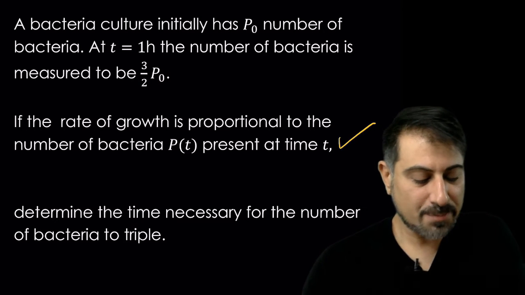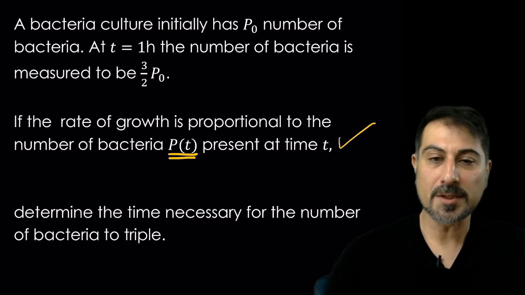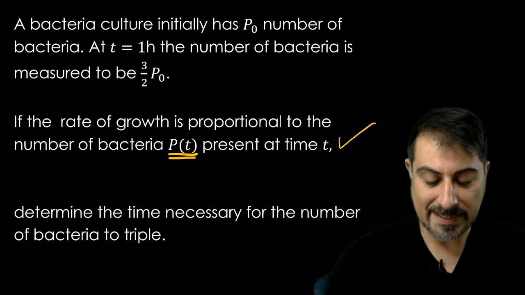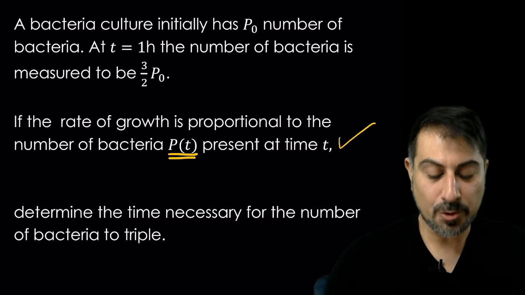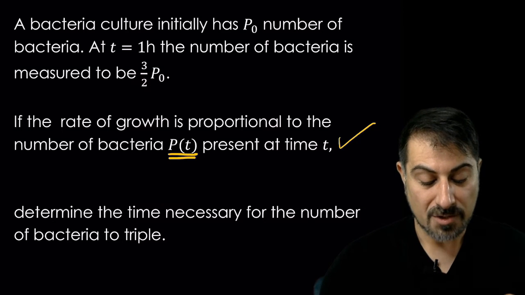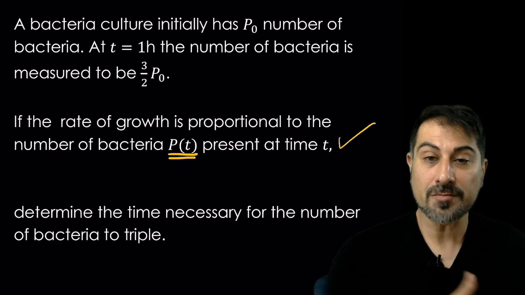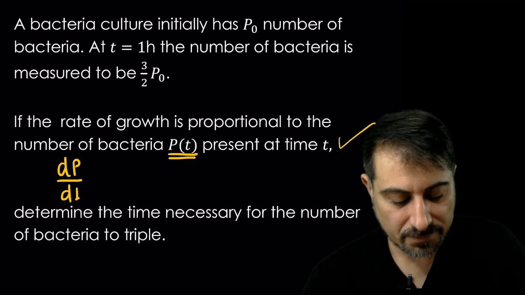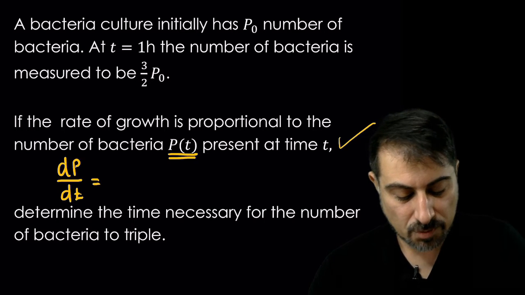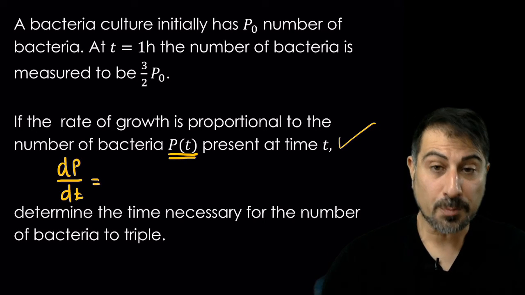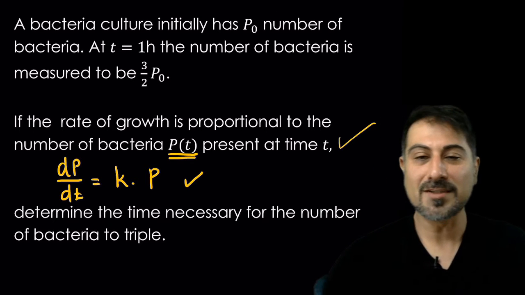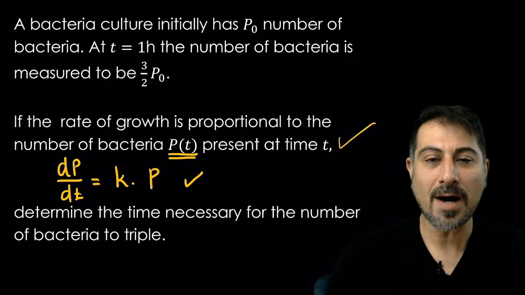We're given that p of t represents the number of bacteria at any time t, and the rate of growth is proportional to p of t. Rate of growth means the rate of change of the population in time, which in mathematics is the first derivative of p, and that is equal to a constant of proportionality times p. So now we have the differential equation model.